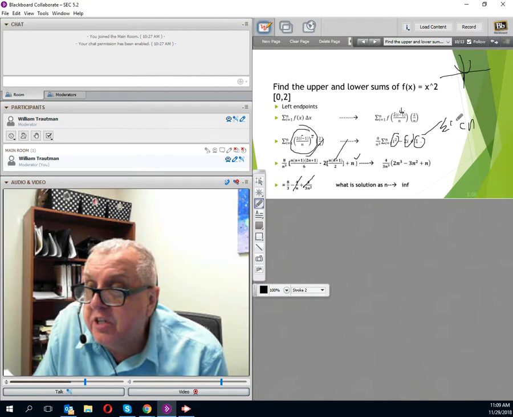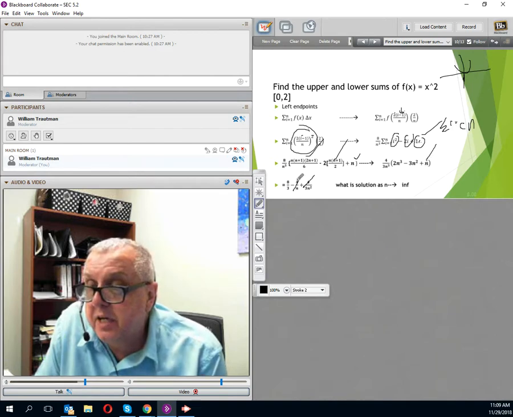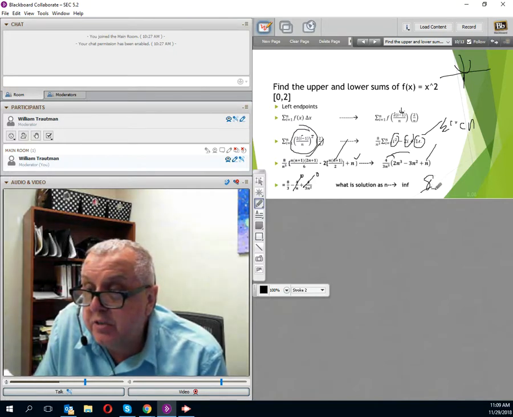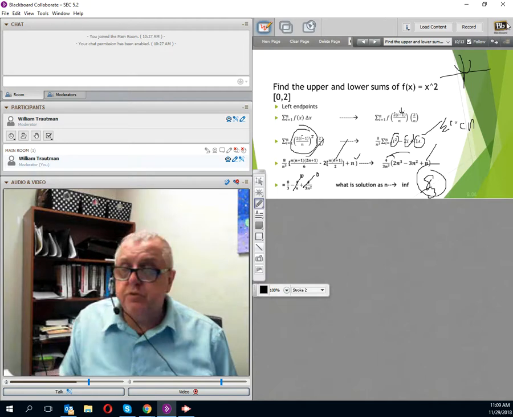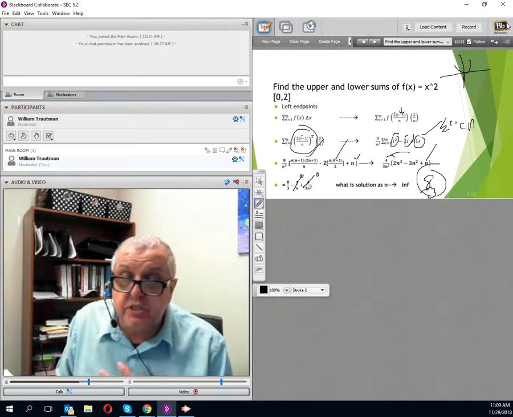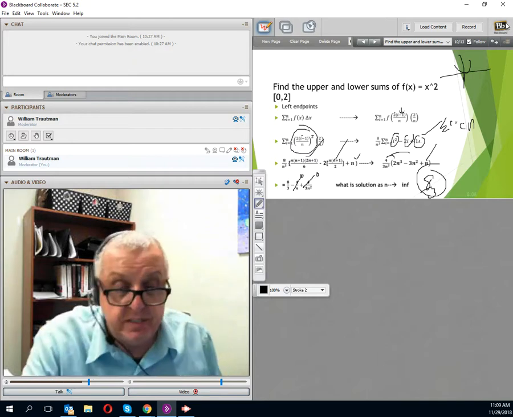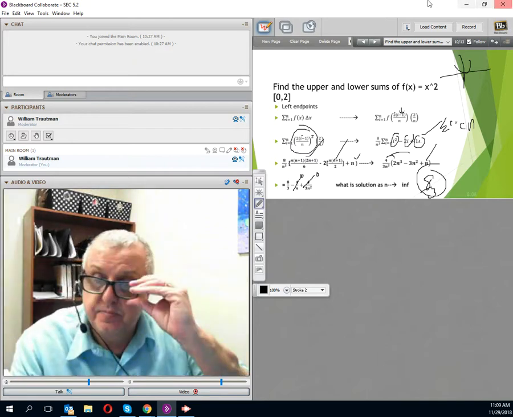The summation of a constant equals constant times n, 1 times n. And then when you multiply this back, these turn to 0, and you still get 8/3 as an answer. It doesn't matter if you use right endpoints or left endpoints. When you use an infinite amount of rectangles, you get the actual answer, and the actual answer is 8/3.